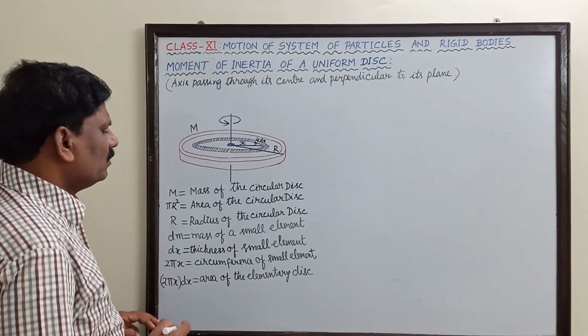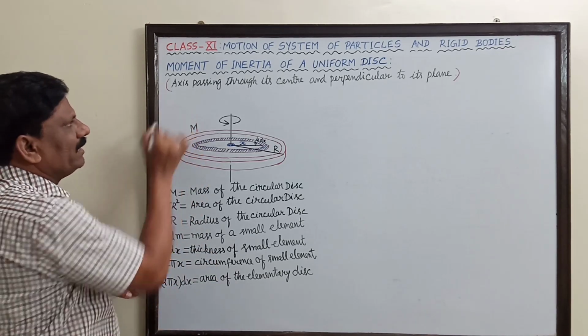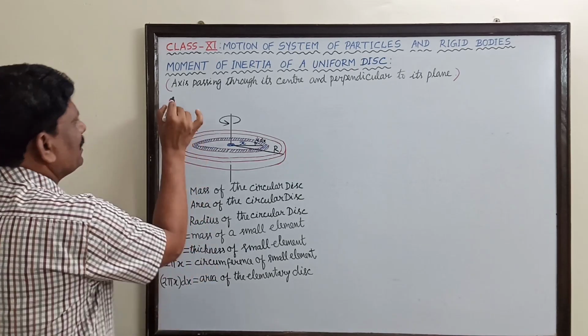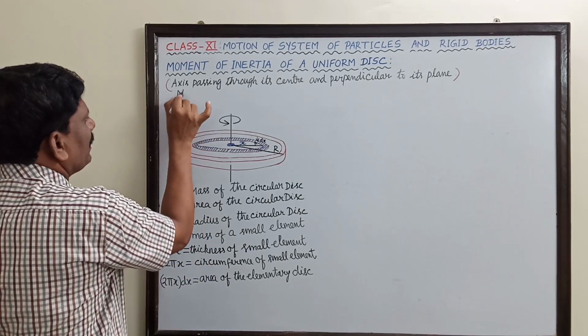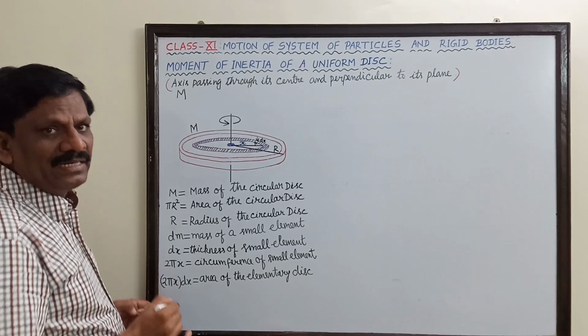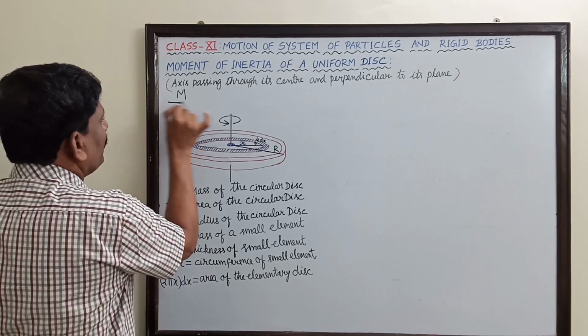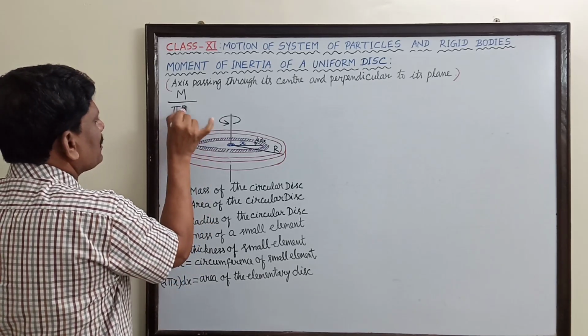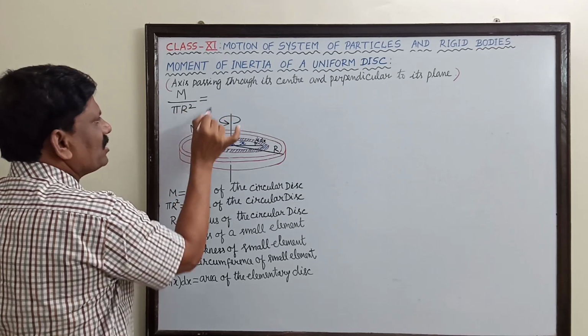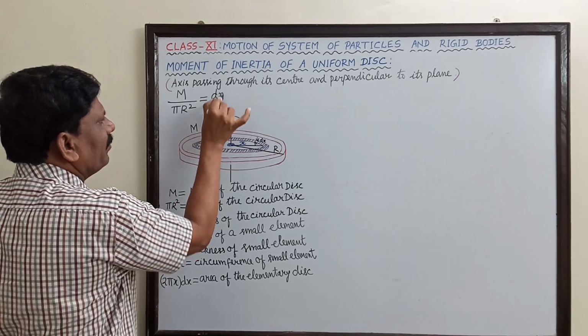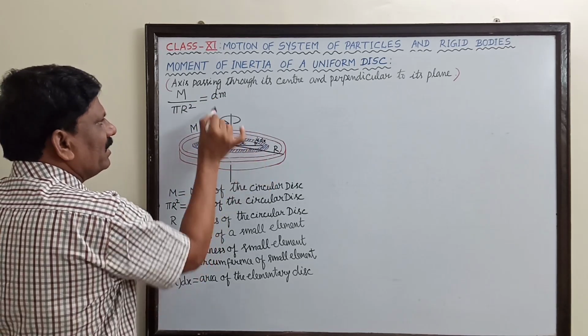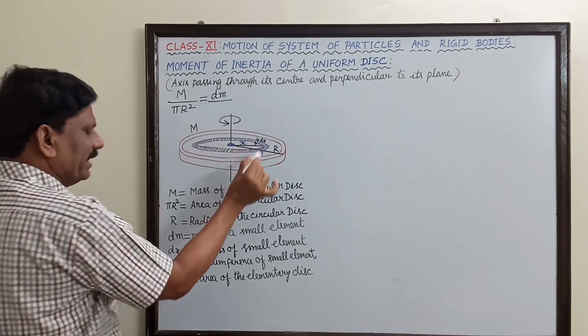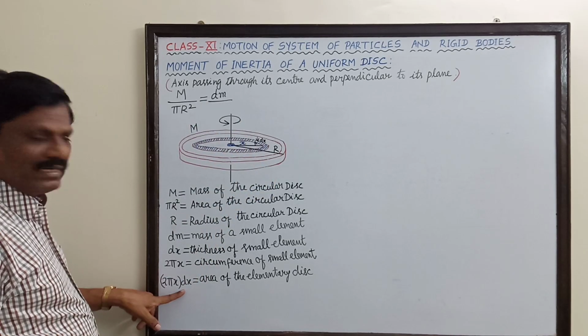Now here I introduce a new term, that is mass by area. The mass of the circular disk divided by its area pi r square must be equal to the mass of the elementary ring divided by its area 2 pi x into dx.